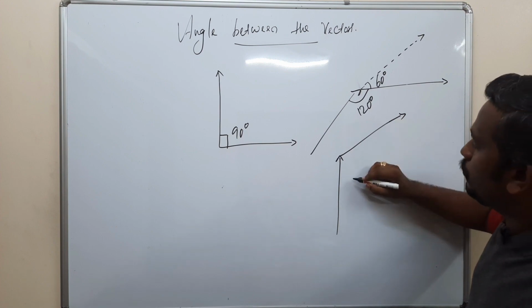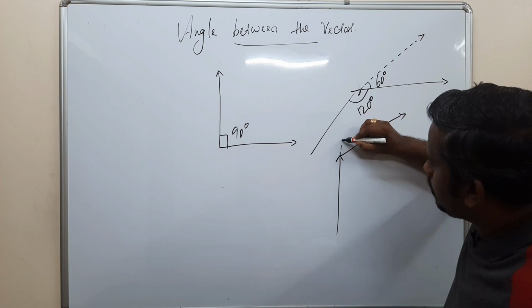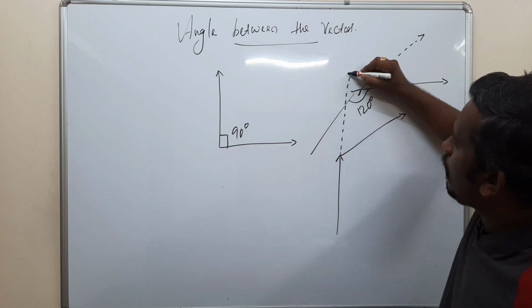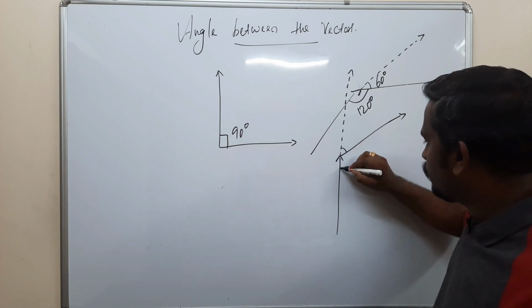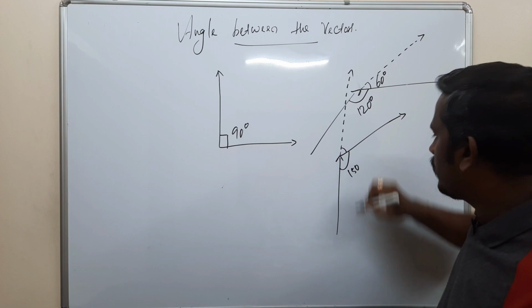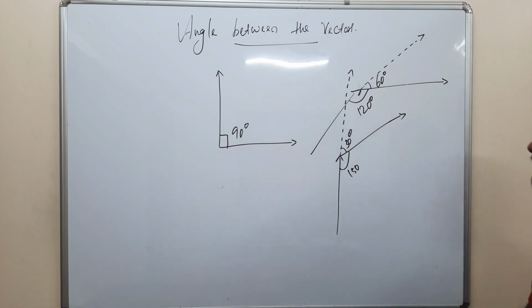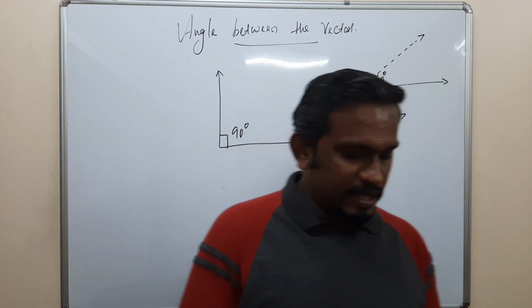So, what we have to do? We have to make the parallel shift. Okay, now this is the angle between the vectors. Suppose this is the 150 degree. What about the angle between the vectors? That is the 30 degree. So, clear? So, this is the way of finding the angle between the vectors.